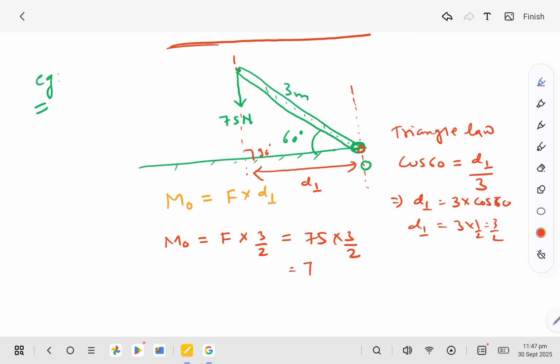So 75 into 1.5 is around 112.5 Newton meter, and this force has the tendency to rotate the body in this direction, so it's anti-clockwise.